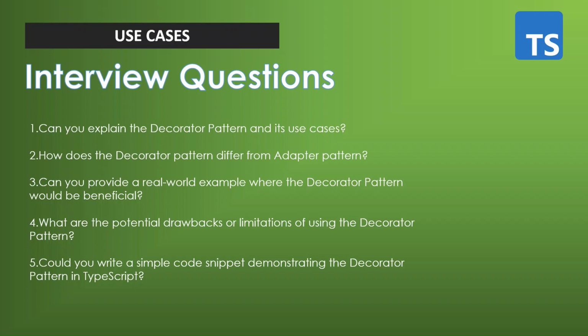What are the potential drawbacks? Now, let's talk about the drawbacks or limitations. One main criticism of this pattern is it relies too much on the original interface of the object it tries to wrap. This makes it less appealing since you will have to adjust the interface every time you want to decorate more methods, so as to avoid breaking the chain and wrapping multiple decorators on the same object and not introducing extra performance overhead.